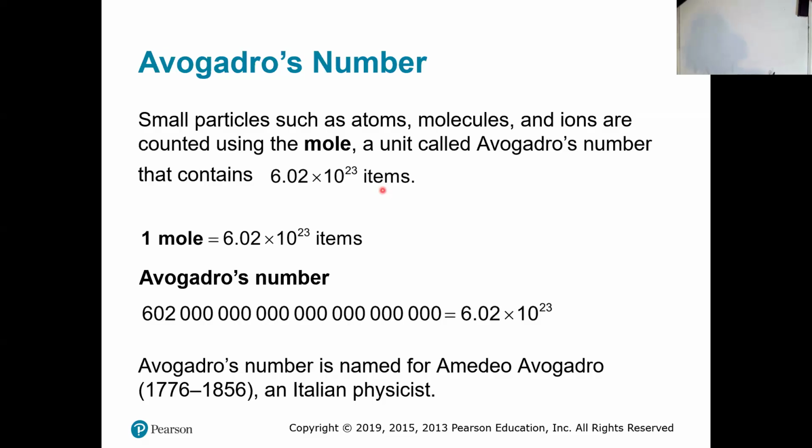So we need a number to represent things that are super small. When we have 1 mole of something, that means we have 6.02 times 10 to the 23 of that thing. And this value is called Avogadro's number.